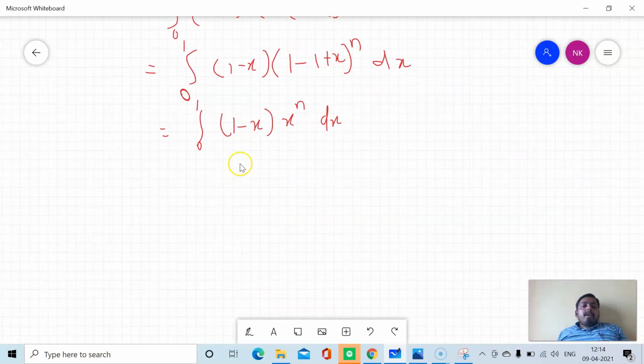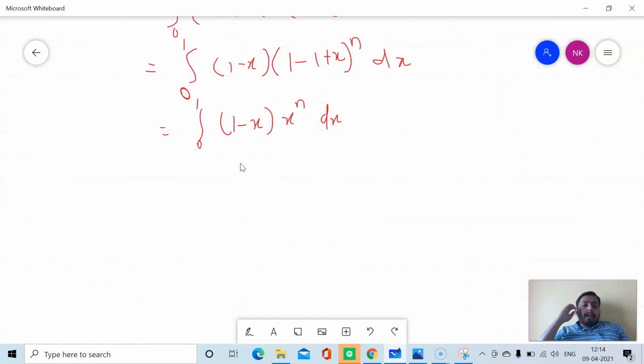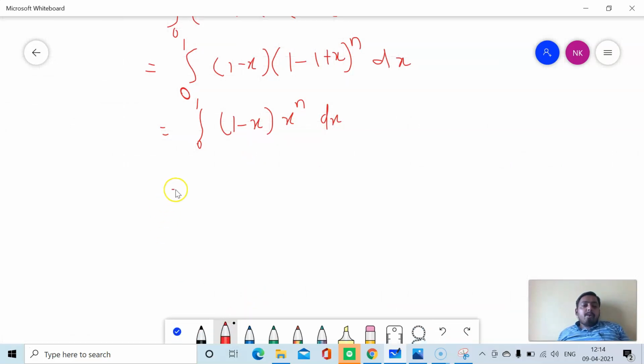Okay, now this is very easy to find. I will tell you how. Is equal to, now multiplying the first bracket with second one. Okay, 1 into x raised to power n is x raised to power n. Okay, minus x into x raised to the power n. X into x to the power n will become x raised to n plus 1.